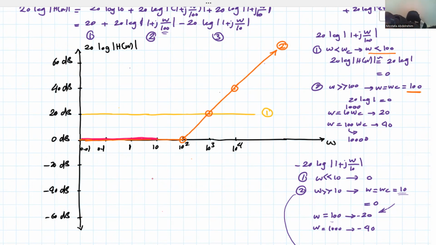Now for higher than 10, at 10 it's still 0. Then at 100 it's minus 20, so we go down. At 1000, it's minus 40. We can continue, by the way: at 10,000, it will be minus 60. Then you connect that.